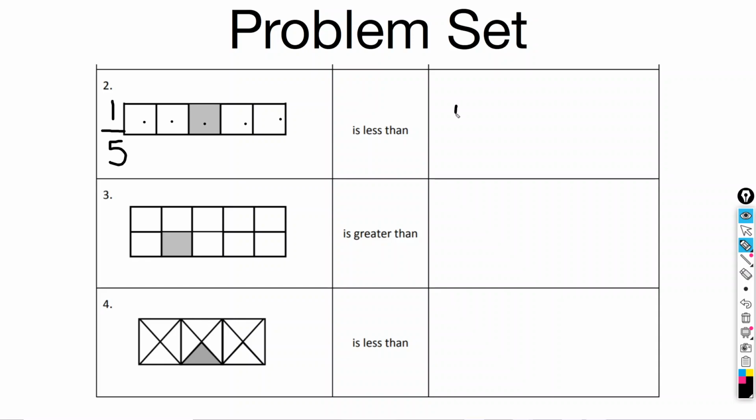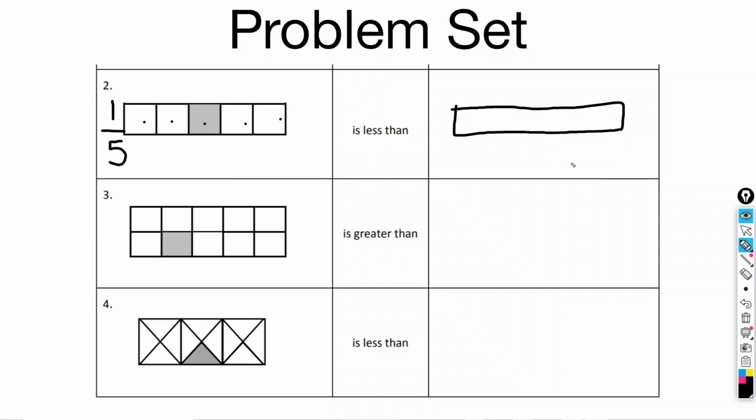First, I need to draw a rectangle that is the same size as the whole that I started with over here. Now, I need to make something that has bigger pieces than 1/5, so that 1/5 is the smaller one, because we need it to be less than.